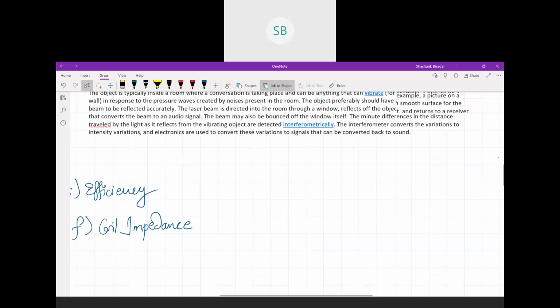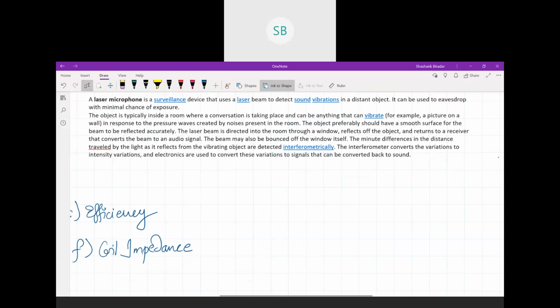The next and final type is the MEMS microphone. So what do we mean by MEMS microphone? MEMS stands for micro electromechanical system. These types of microphones are also called microphone chips or silicon microphones. MEMS processing techniques are used to etch a pressure-sensitive diaphragm directly into silicon.